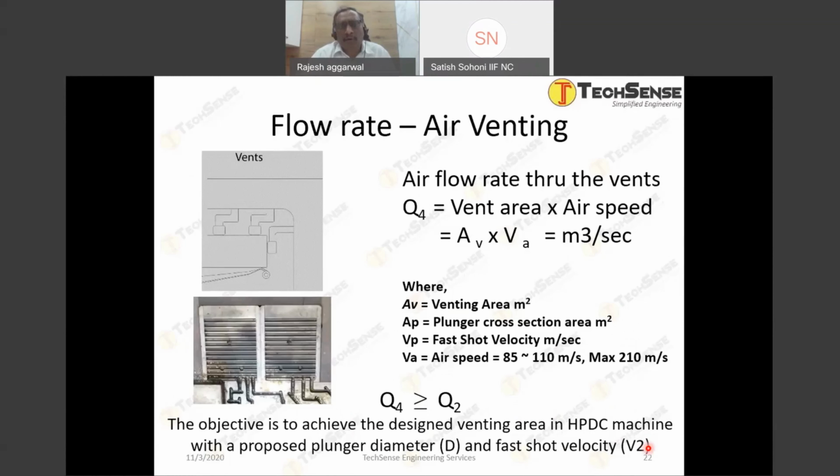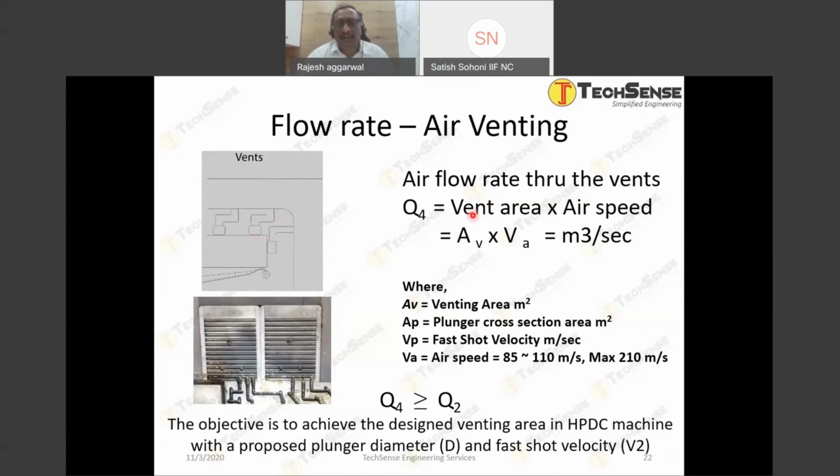Similarly, there is a fourth activity happening inside the black box, the die: the air venting. Before the liquid metal comes in, the cavity is filled with air. That air must be taken out of the cavity. How do we do that? Mostly we provide venting, the chill vent, or the vacuum, or the conventional venting. Conventional venting is what we see in the top image, right?